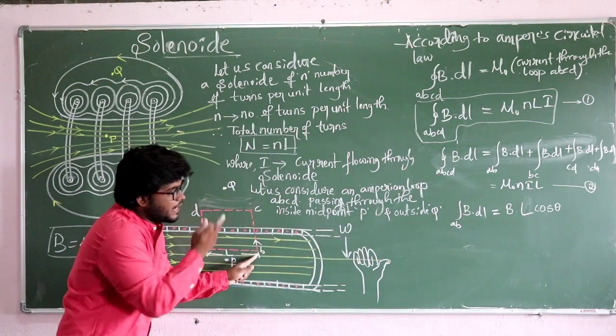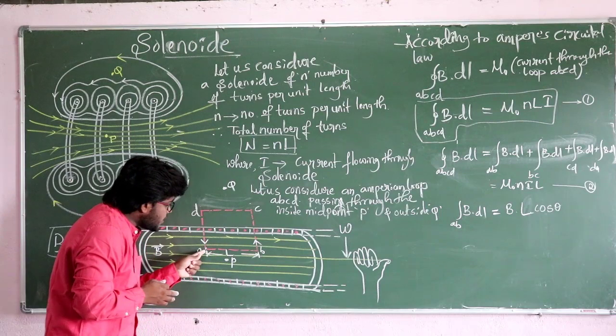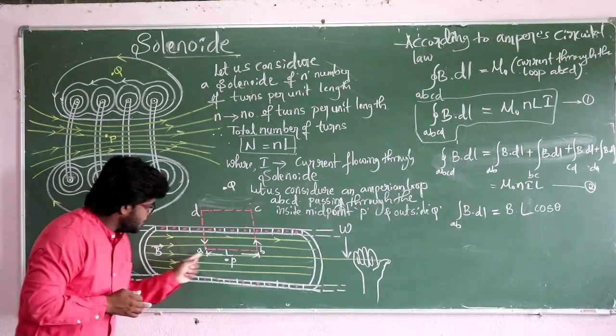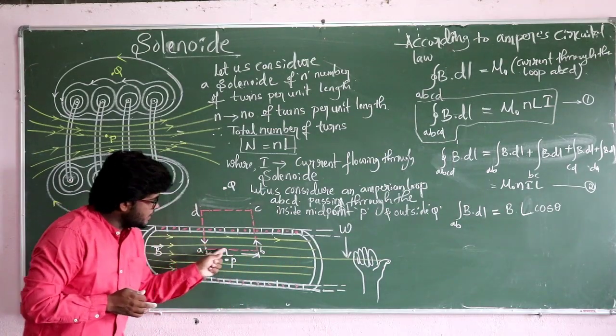Why cos theta? Because it was a dot product. Here, this is the magnetic field direction, the yellow line, and this is the length.